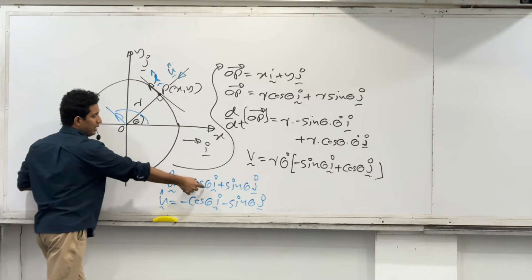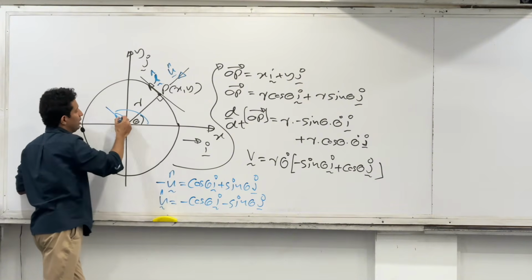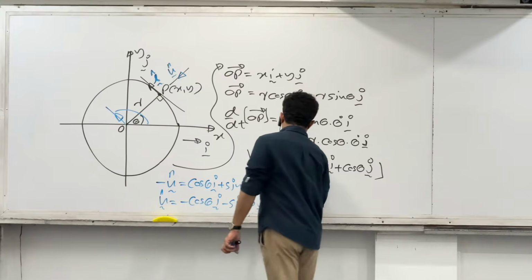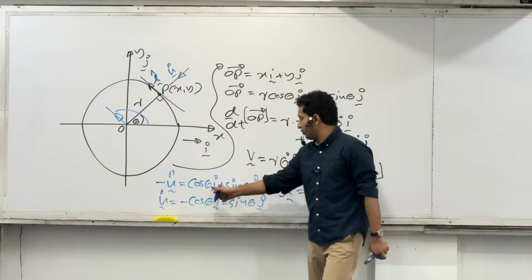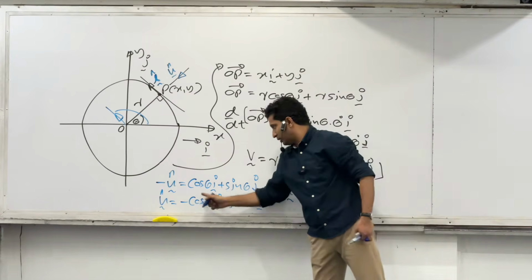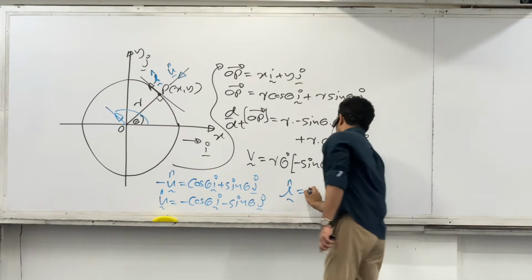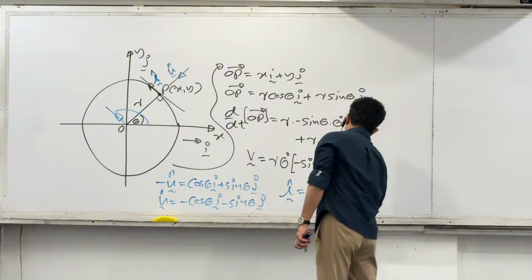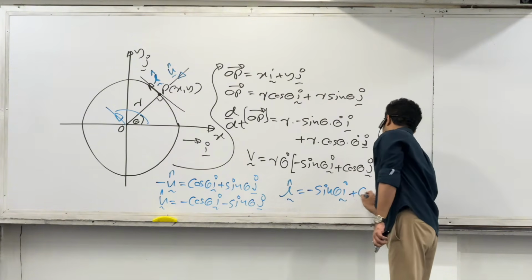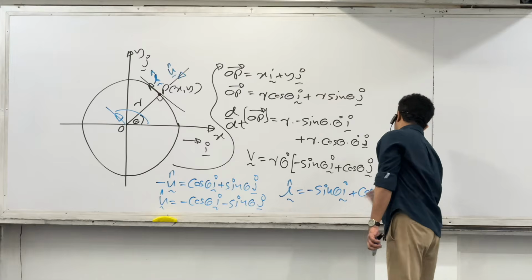When you add 90 here, you get the unit vector in this direction. That means for vector L, instead of theta, put 90 plus theta. What is cos of 90 plus theta? Minus sin theta. So minus sin theta i, and sin of 90 plus theta is cos theta, plus cos theta times j.